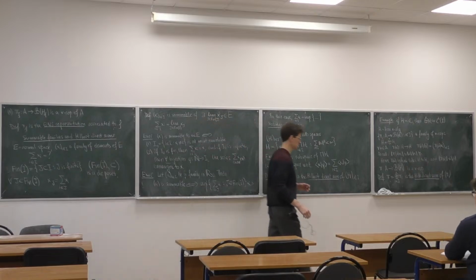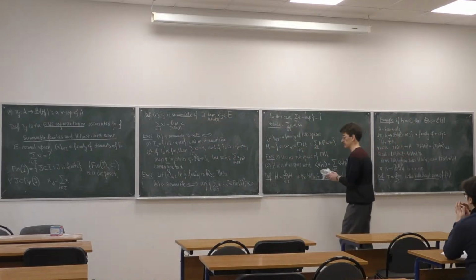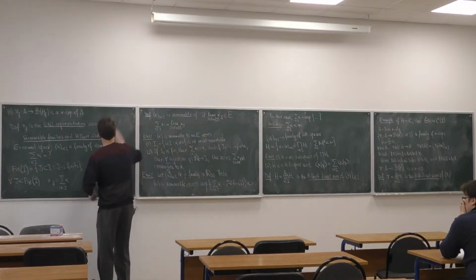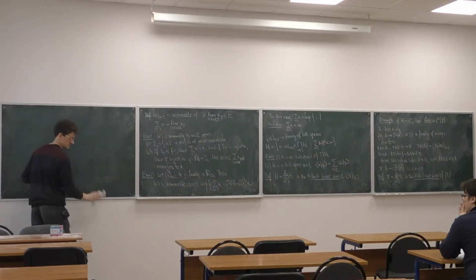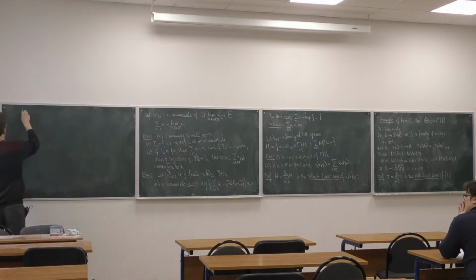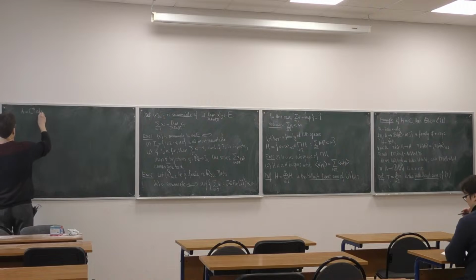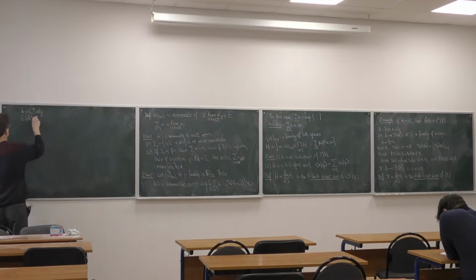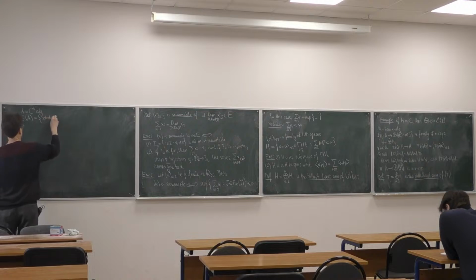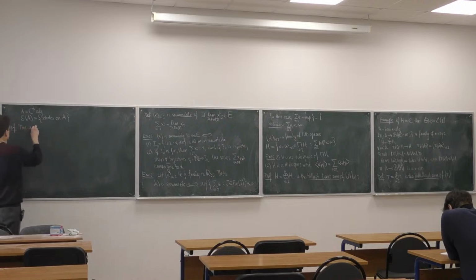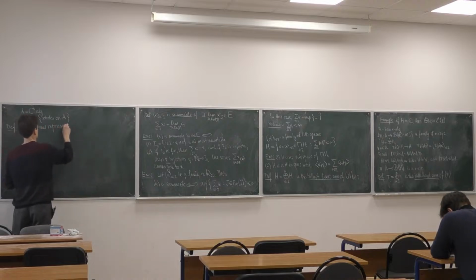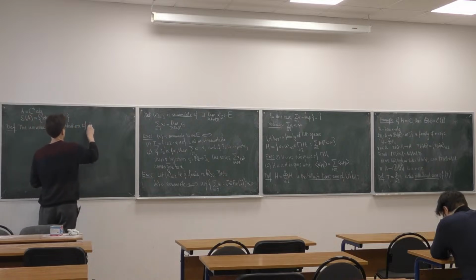So let's now come back to the GNS construction. Again, now we assume that A is a C-star algebra, and let S(A) denote the set of all states on A. We define the universal representation of A as follows.